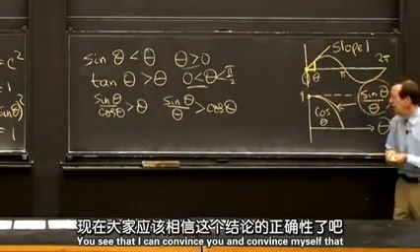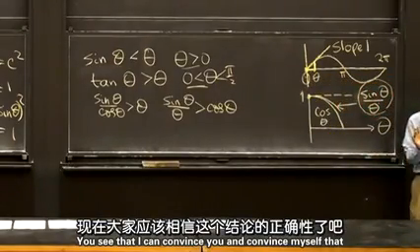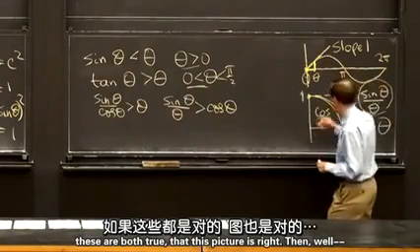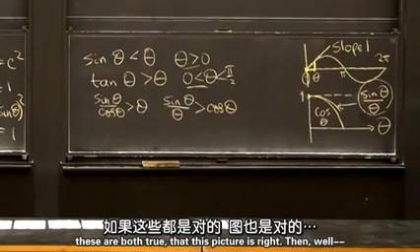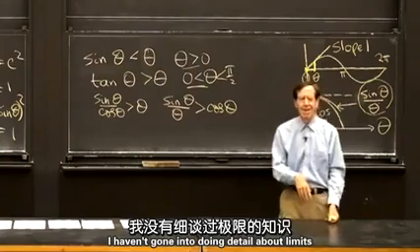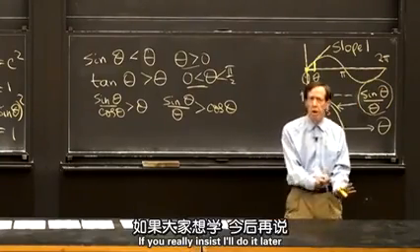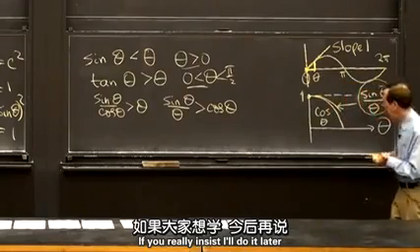You see that if I can convince you and convince myself that these are both true, that this picture is right, then, well, I haven't gone into gory detail about limits. If you really insist, I'll do it later.